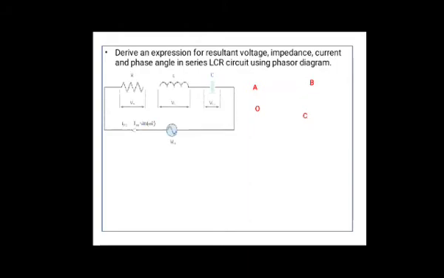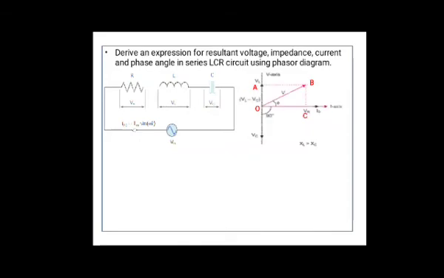Derive an expression for resultant voltage, impedance, current and phase angle in series LCR circuit using phasor diagram. First we had drawn the circuit diagram where it consists of resistor, inductor and capacitor. All the three are connected in series, R, L and C, across AC source.